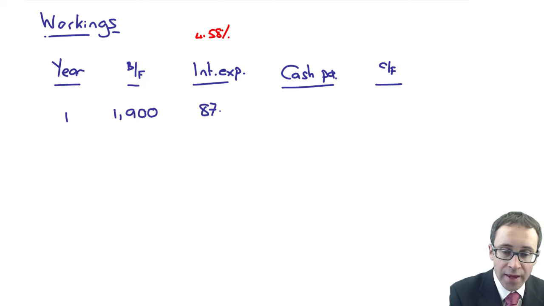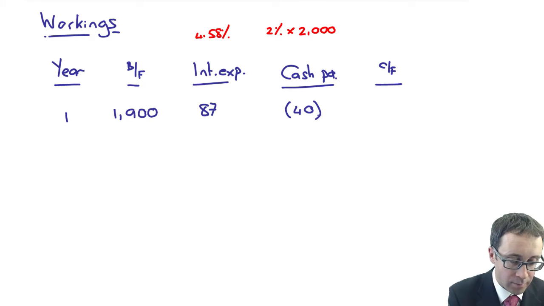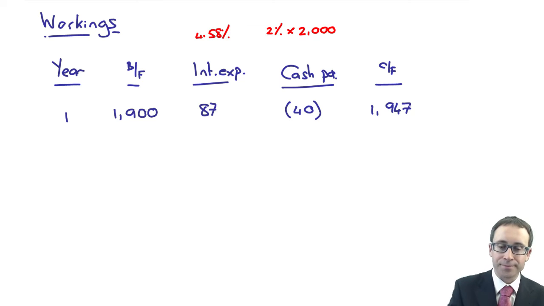Okay. The cash paid is based upon the coupon rate. So that's 2%, and the par value is 2000, so that gives me 40. So that gives me 1947.